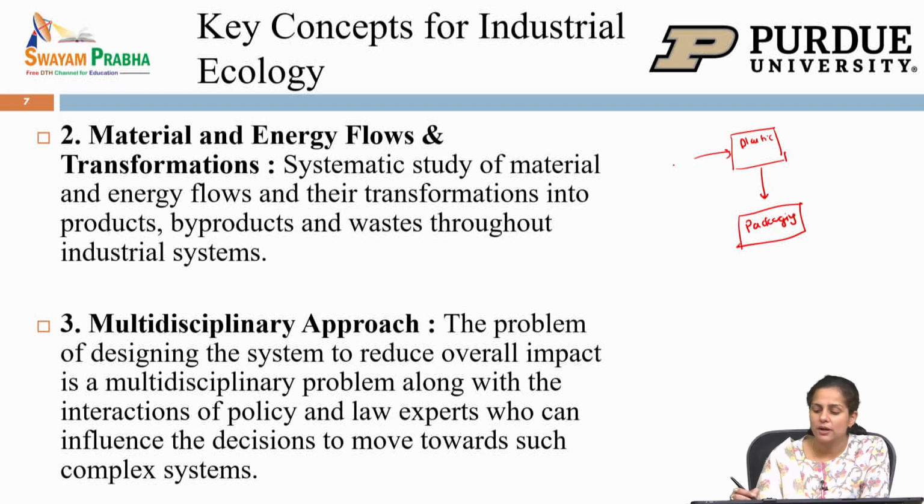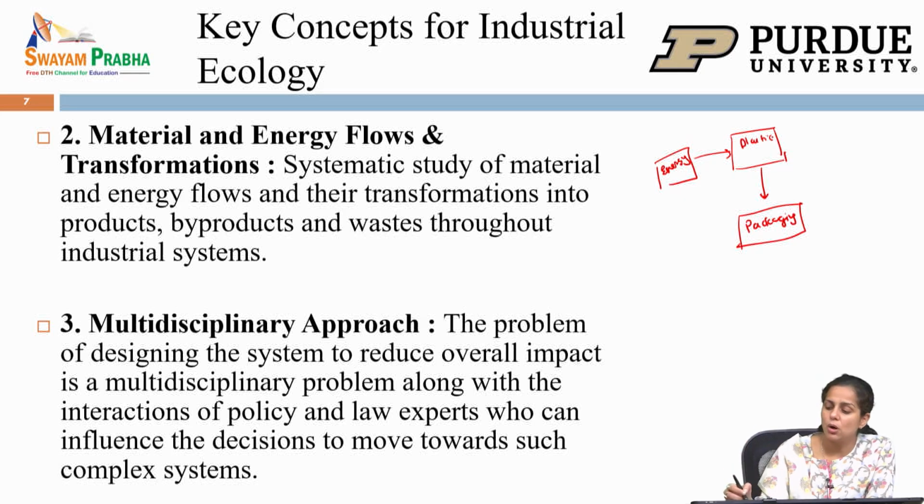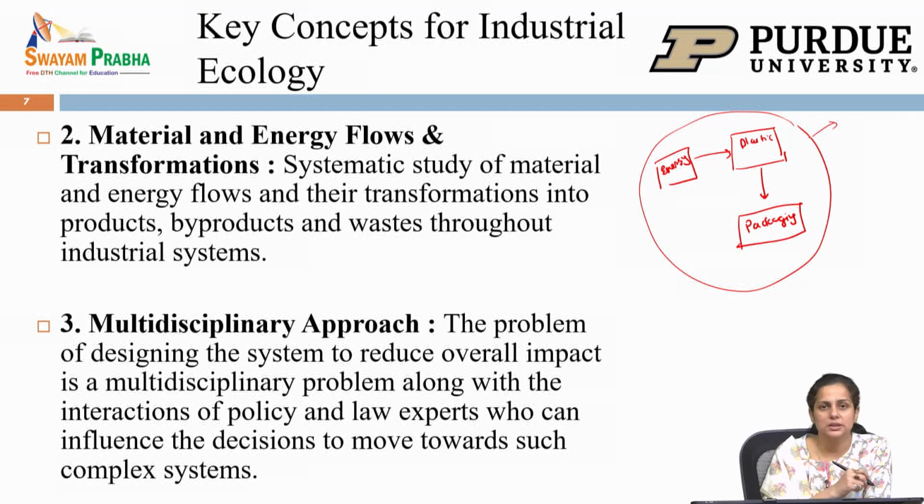We might also have the energy input or the energy industry. So, you can see that your industrial ecosystem then involves the behavior of different kinds of industries. So, it is inherently multidisciplinary and you are concerned about all these 3 integrated systems together achieving the sustainable goal.